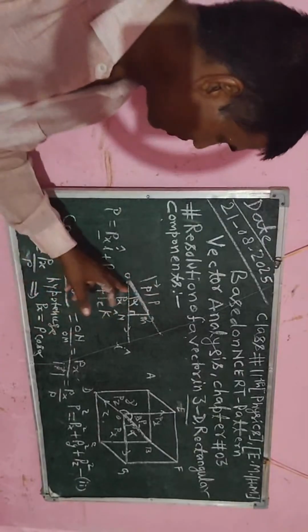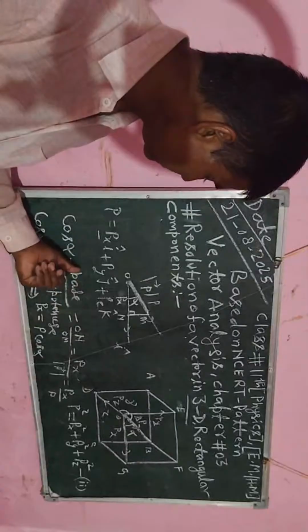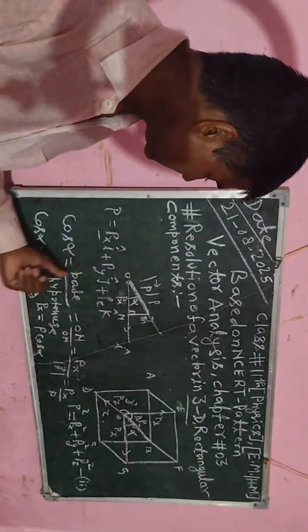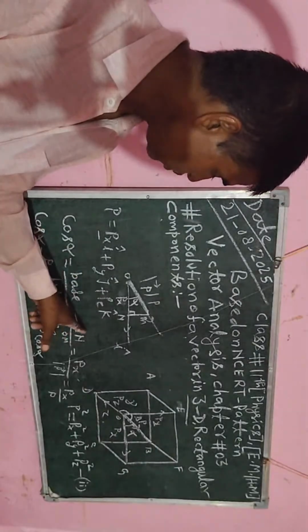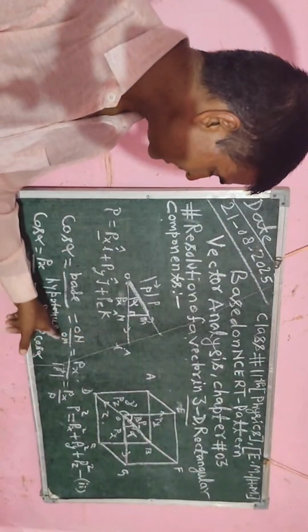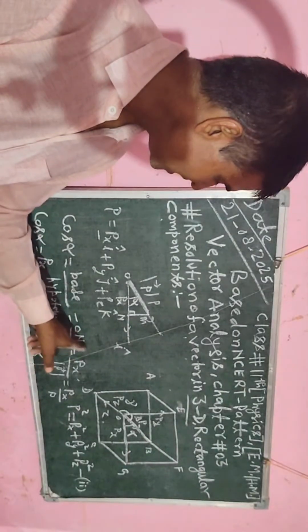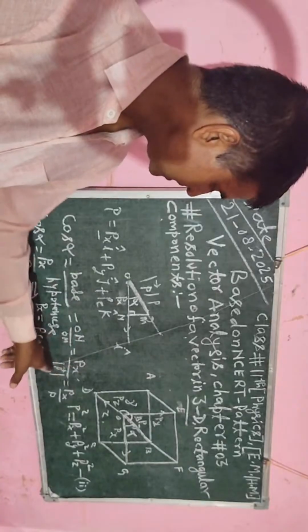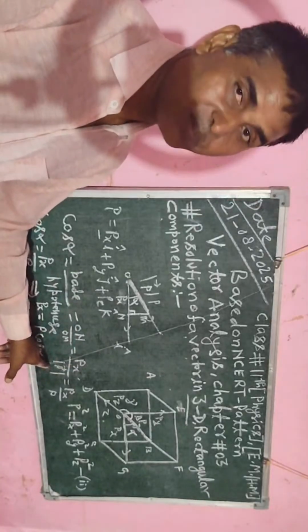Okay. So I know cos alpha equals base divided by hypotenuse. The base is length ON and the hypotenuse is length OM. So length ON is px and length OM is the magnitude of the vector p.